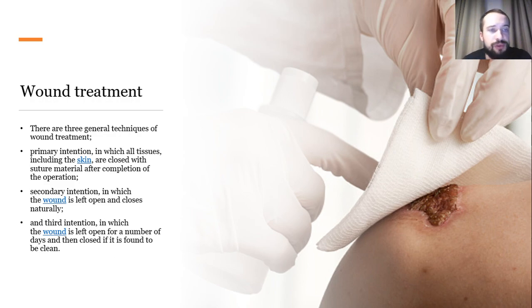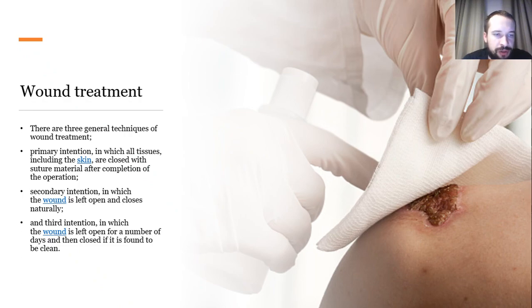Wound treatment. There are three general techniques of wound treatment. Primary intention, in which all tissue, including the skin, is closed with suture material after completion of the operation. Secondary intention, in which the wound is left open and closes naturally with the organism's own power.